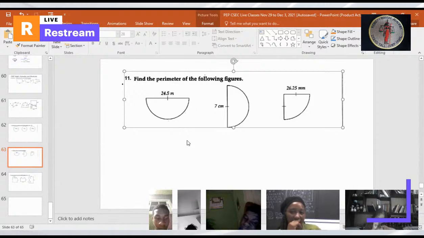All right, go ahead. So wait, what's a sector? A segment is where a chord cuts the circle in two. A sector is where two radii cut the circle in two.